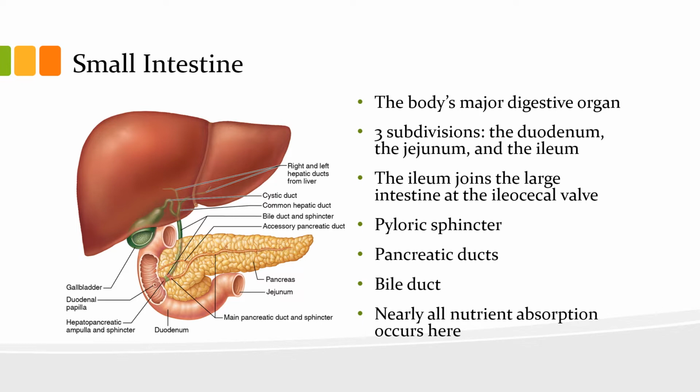And then, unlike the rugae of the stomach, the circular folds or plicae circularis, they don't disappear when food fills the small intestine. Instead, they form an internal corkscrew slide to increase surface area and force chyme to travel slowly through the small intestine so nutrients can be absorbed efficiently. If the food is moved too quickly, we're not going to have a chance for proper absorption.